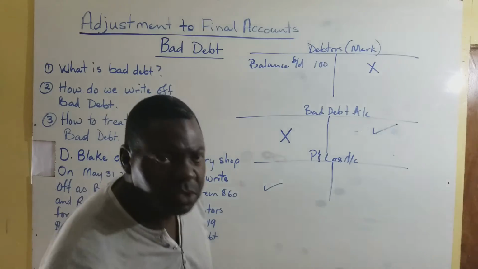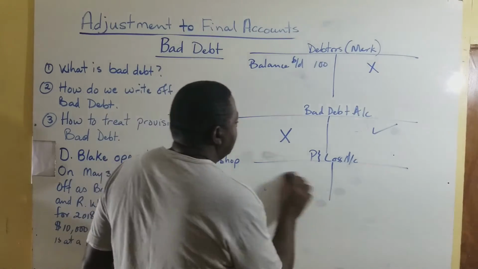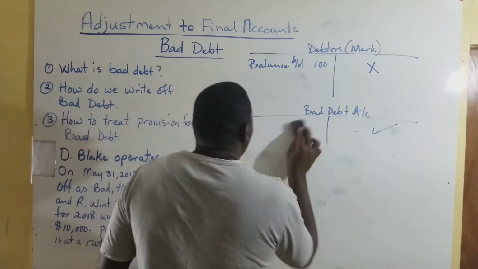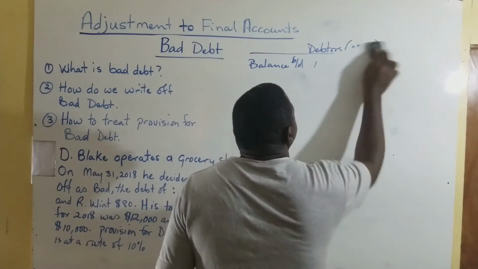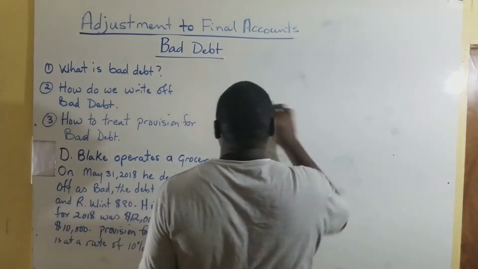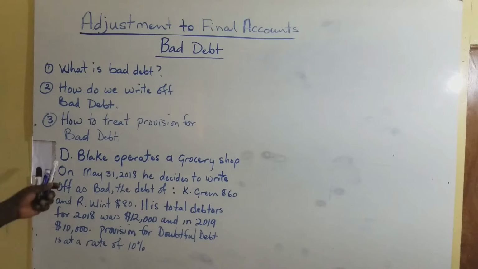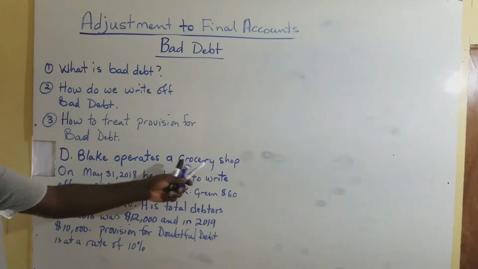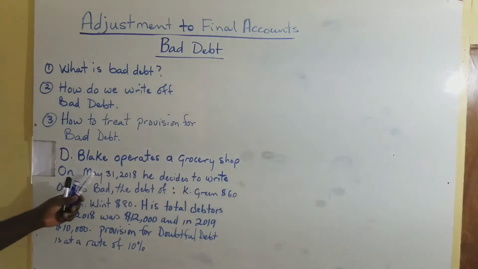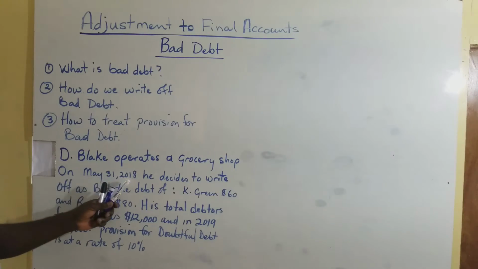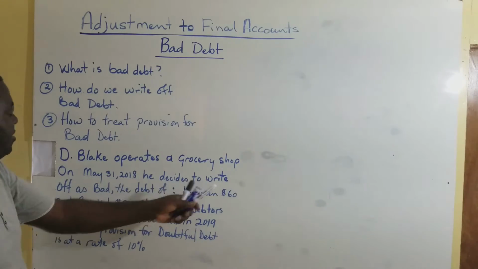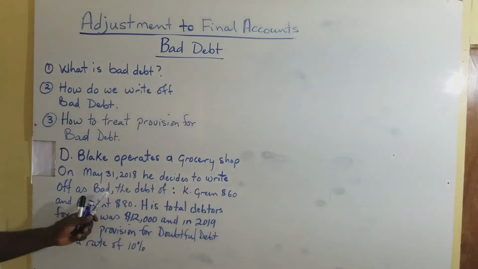All right, we're going to take on a transaction right now and do it officially. Here is a question. D. Blake operates a grocery shop. On May 31st, 2018, he decides to write off his bad debt.